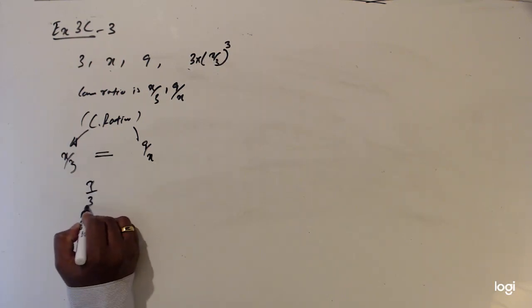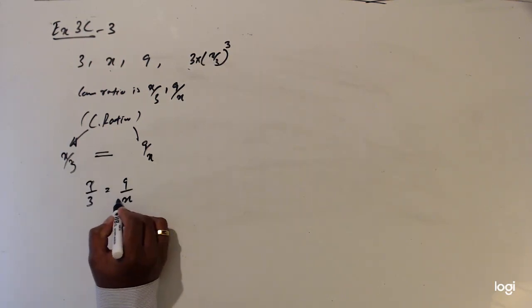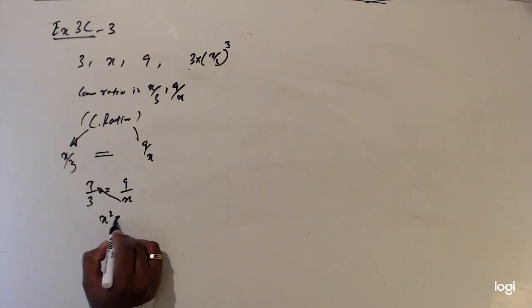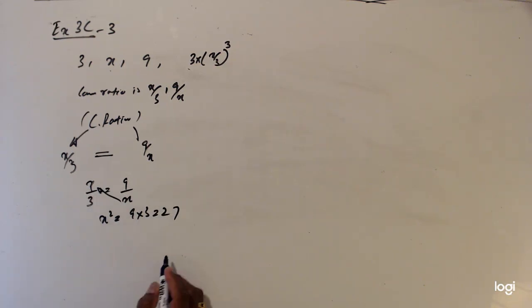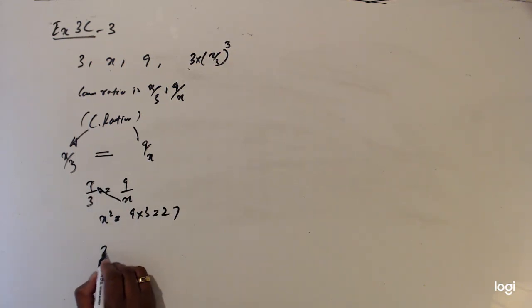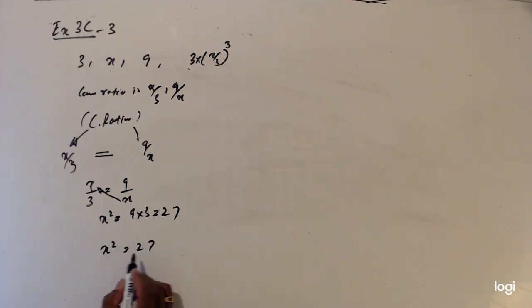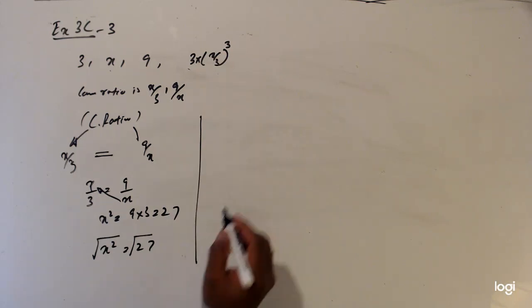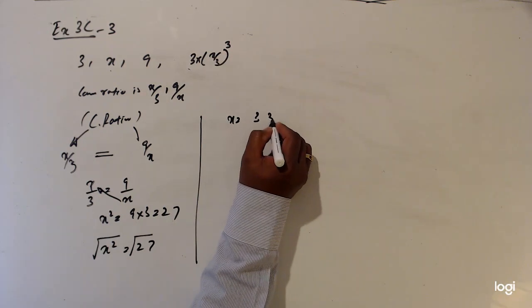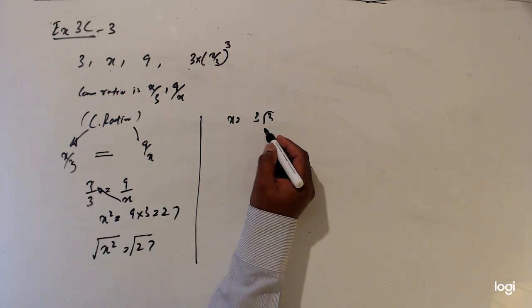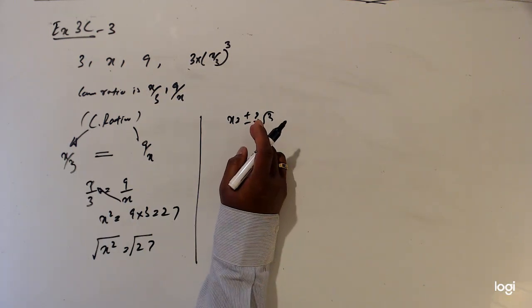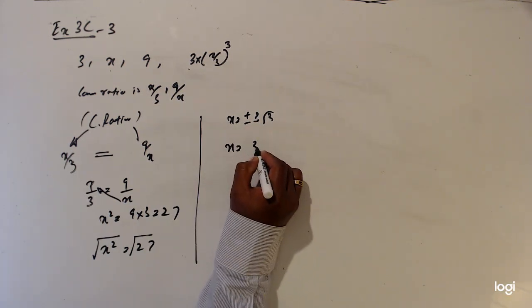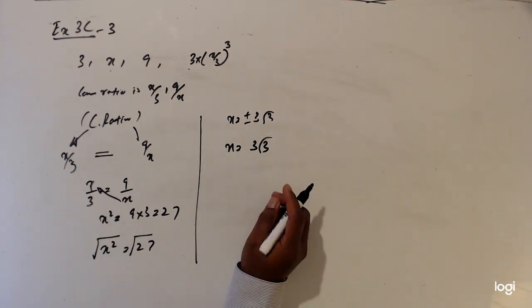So x over 3 equals 9 over x, and when we cross multiply, x squared equals 9 times 3, that is 27. Then x squared equals 27, we can get the square root. So x equals plus or minus 3 square root 3. Let me stay with the plus answer, x equals 3 square root 3.